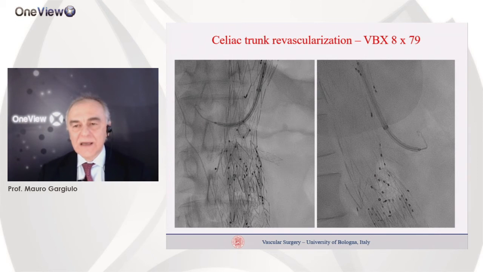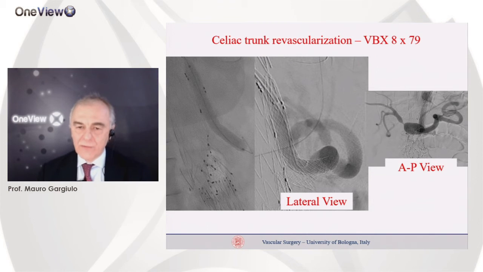In this case, again, it is an 8 to 79 VBX, and I want to stress that we can use this 79 endograft, and this is a very important factor when we have the possibility to use the VBX in patients that need revascularization of visceral vessels through the branch endograft.